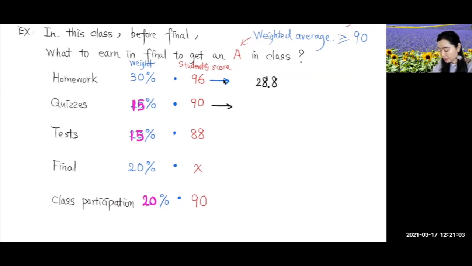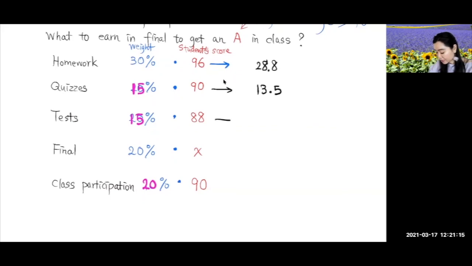This is 13.5. Is that what you said? Yes. Okay. And what about this? Use your calculator. 13.2. Right? Okay.